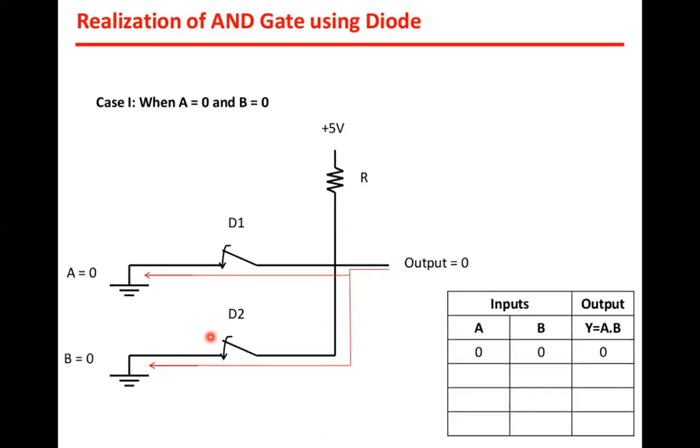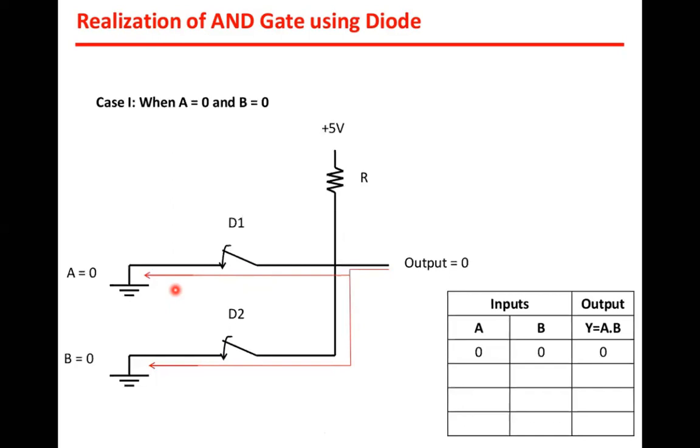When the diodes are conducting, current flows, but it flows through the resistance RL, and we are not measuring the output across this resistance. We are measuring the output between this point and the ground. So I repeat, when A and B are 0, the cathode of each diode is grounded. Therefore, the positive supply forward biases both the diodes in parallel.